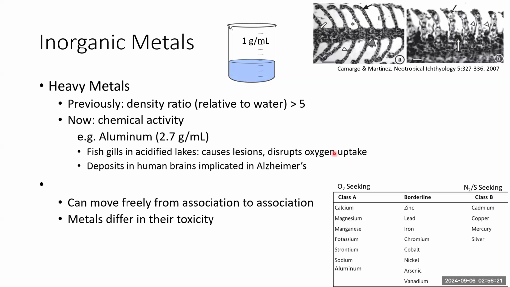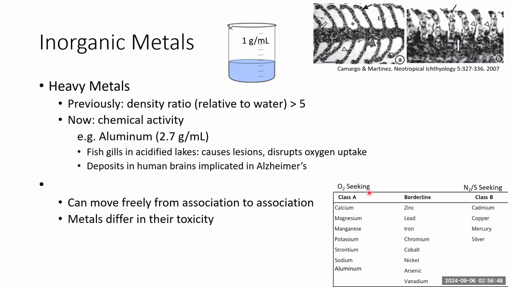So that's aluminum. Instead of using this whole heavy metal thing that doesn't really work anymore, we've switched to chemical reactivity. And this is another table from your book that breaks down those metals into what kind of chemical reactivity we might anticipate from them. So we have some metals here that are oxygen seeking.